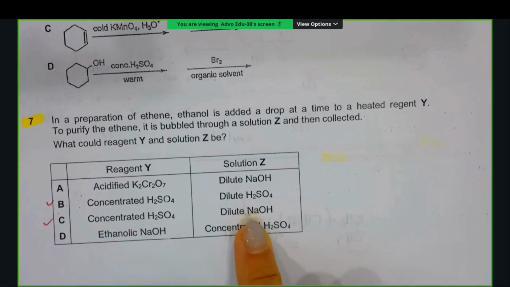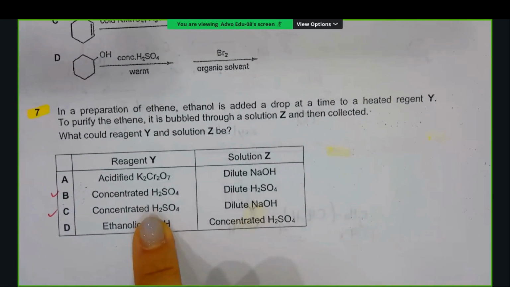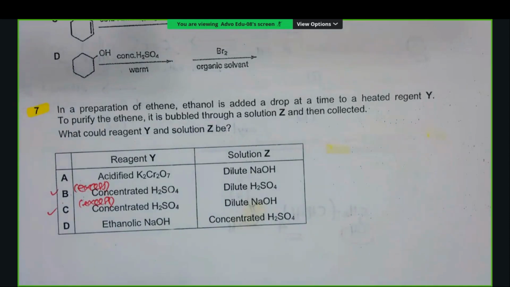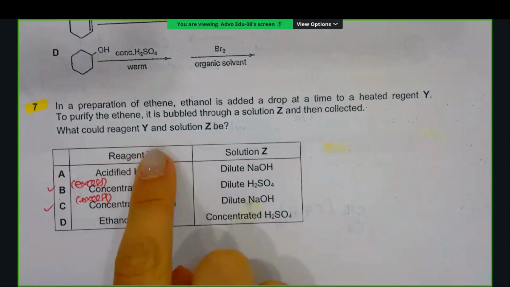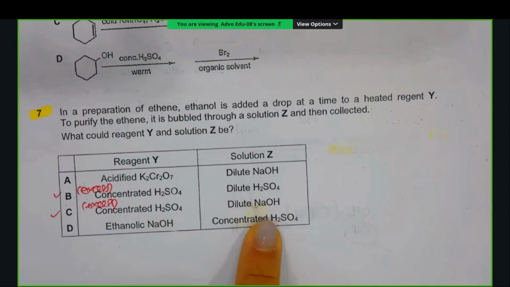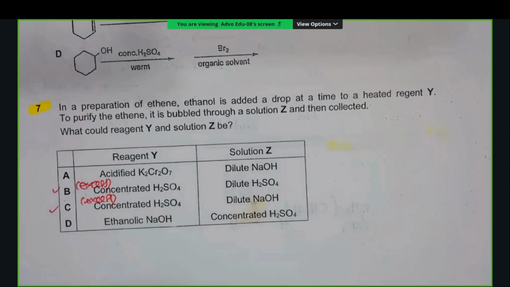Purify what? Usually the conc. H2SO4, we always add in excess to ensure complete reaction, isn't it? So therefore, at the end, besides your ethene, it is mixed with your unreacted conc. H2SO4. So that's why we need to add solution Z to neutralize it, right? The answer is C. Make sense?